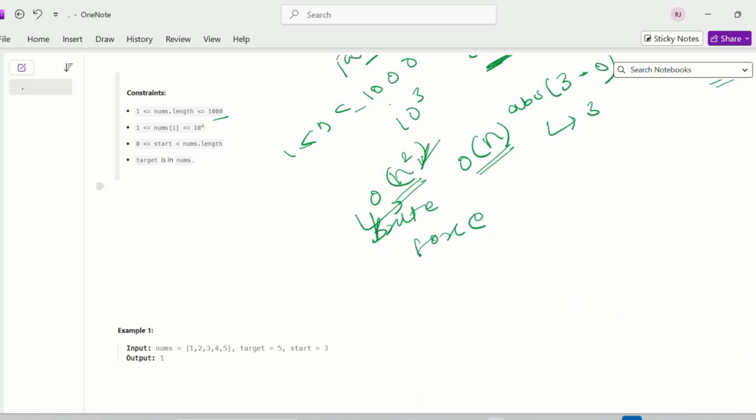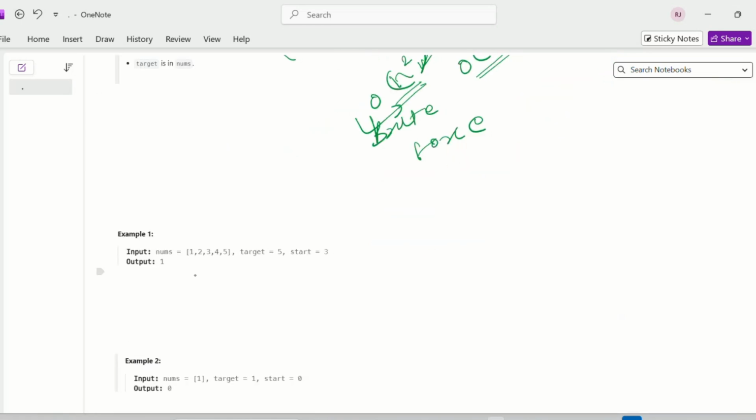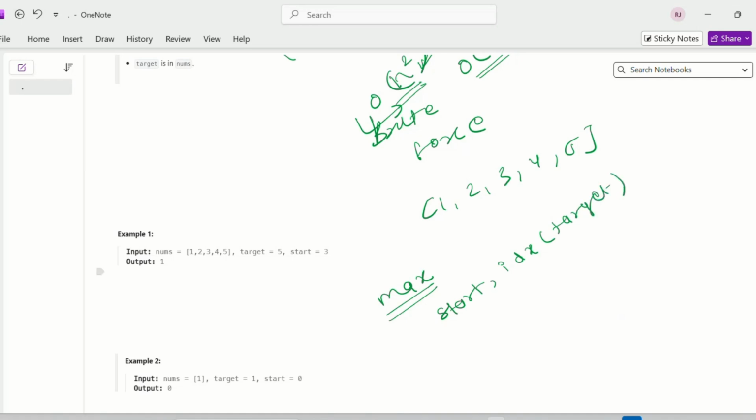So let me try to solve the first example, which is 1, 2, 3, 4, 5. Initially, we need to find the minimum difference between the start index and the index where the target value is. We need to find the absolute difference of these indices.